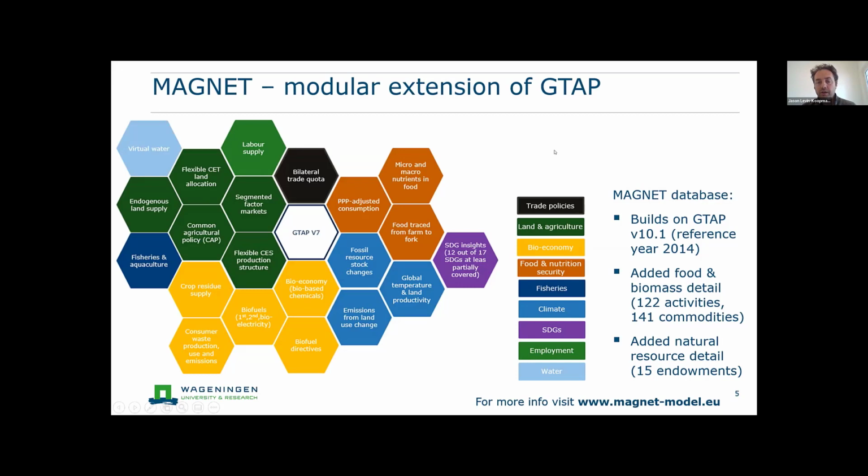So for understanding this model, again, it's based on the core GTAP with the latest database. We have added some additional detail into agriculture, specifically splitting the cattle and the pigs sectors. So now you have 4 different livestock sectors, and you have separated off poultry.